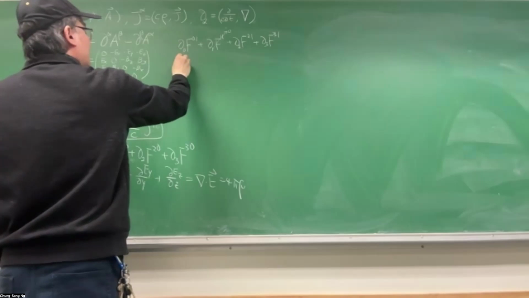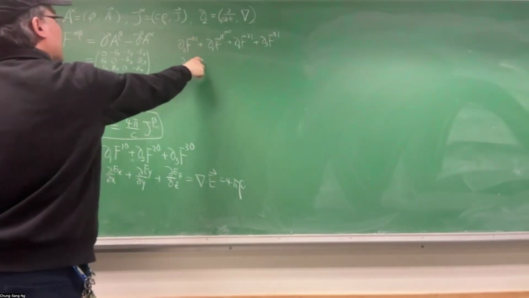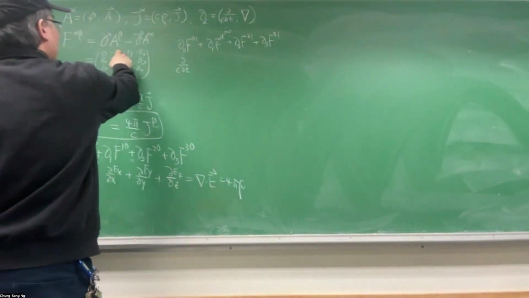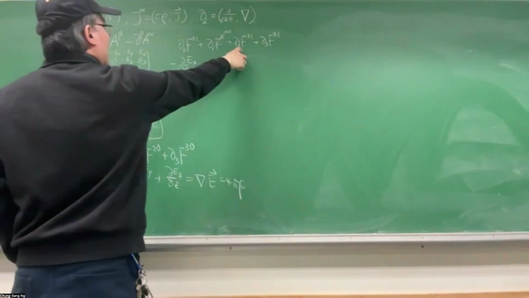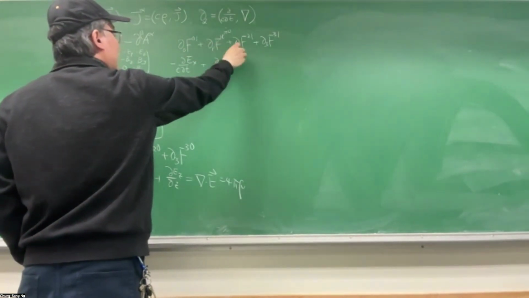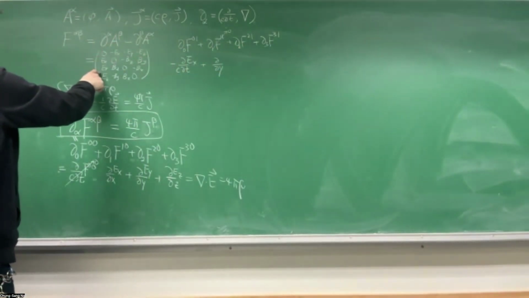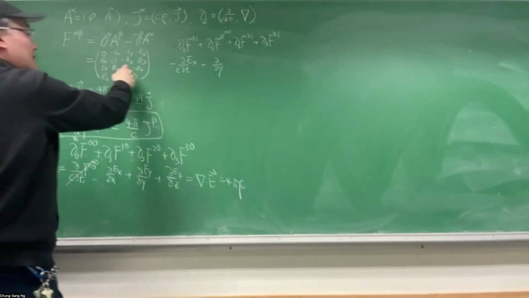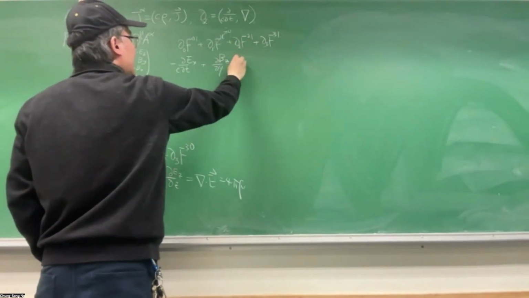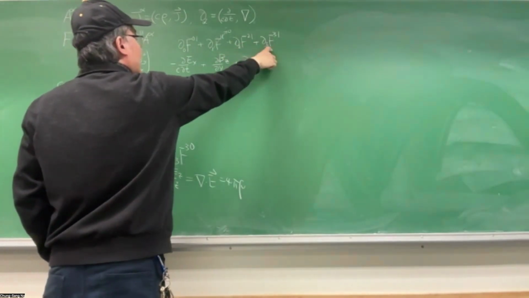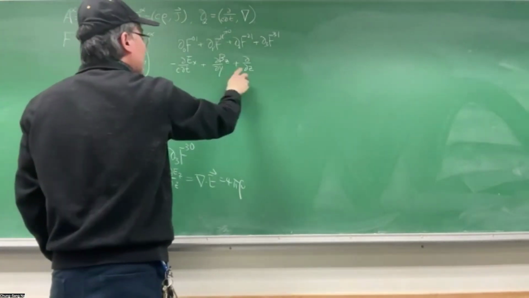So this is again partial t over c, in the denominator. F01 is 0, 0, 0, 1, which is minus e sub x. And this is partial y, F 2 1, 0, 1, 2, 2, 0, 1, 2, 1 is b sub z. Okay, so that's this one, and this one, partial z, F 3 1, 3, 3, 0, 1 is minus b sub y.